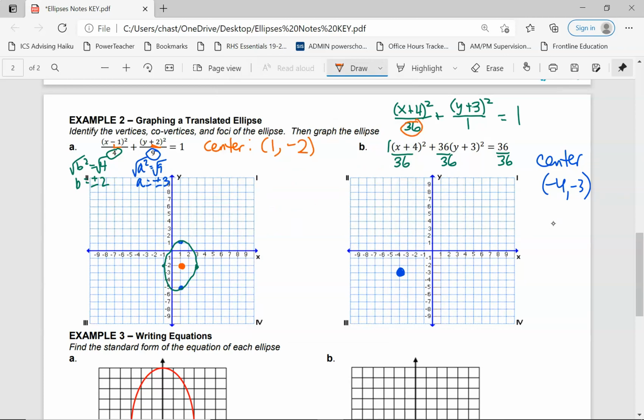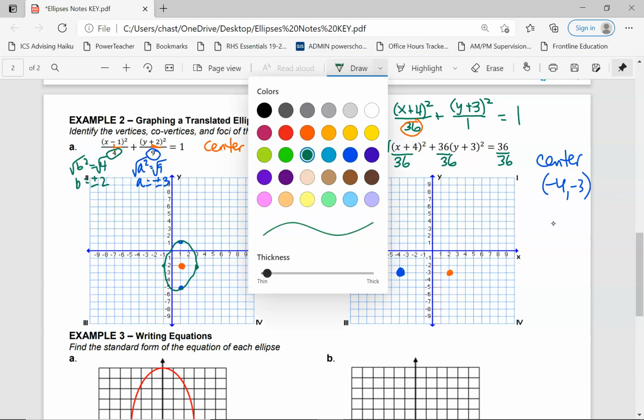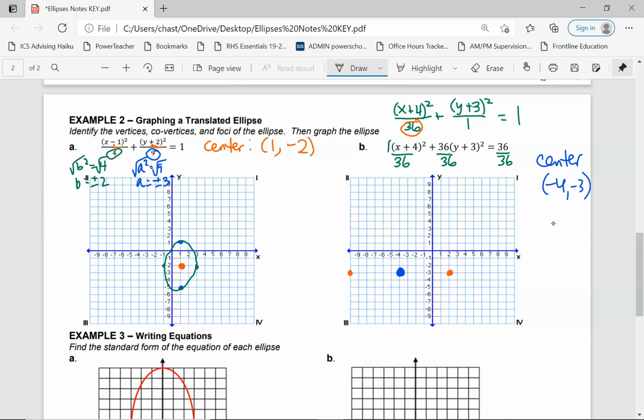Square root of 36, we're going to go 6 right and 6 left. Barely on the graph. For my minor axis, we just use the 1, we're going to go up 1 and down 1. So it's going to be a really skinny one this time. And there we go.